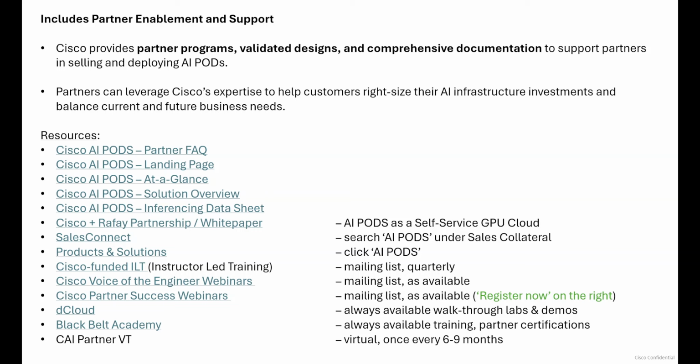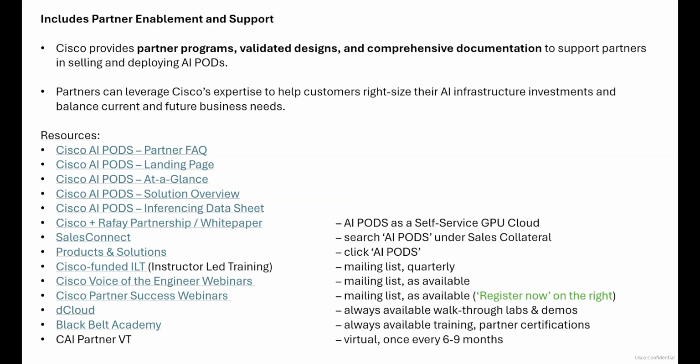Okay, dCloud provides always available walkthrough labs and demonstrations. Black Belt Academy provides always available training, and completing these stages or courses contributes to the company that you work for, their partner certifications with Cisco. So it's a nice way to sort of help benefit your company.